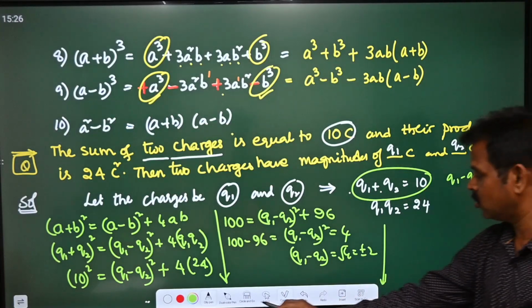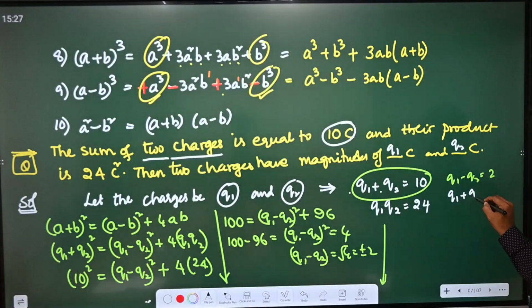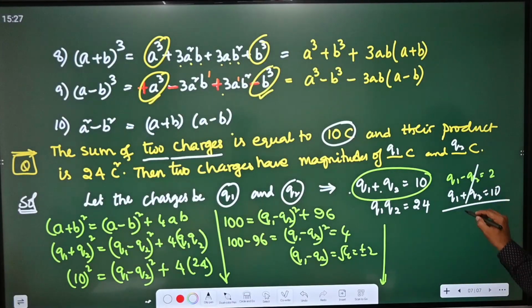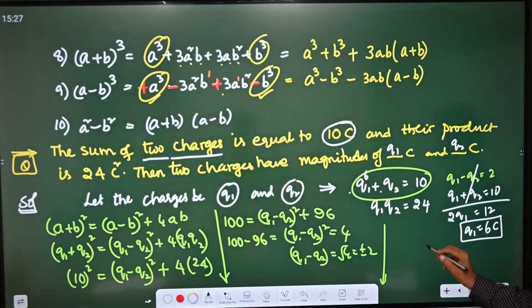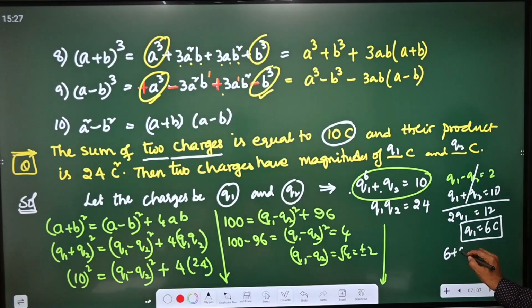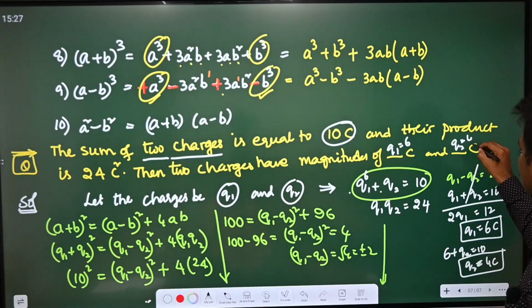By adding these two, 2Q1 will become 12, Q1 is equal to 6 coulombs. This is the first answer. And from this, 6 plus Q2 is equal to 10, Q2 is equal to 10 minus 6, which can be written as 4. So I got these two values. The answer for the first is 6 coulombs, for the second is 4 coulombs.